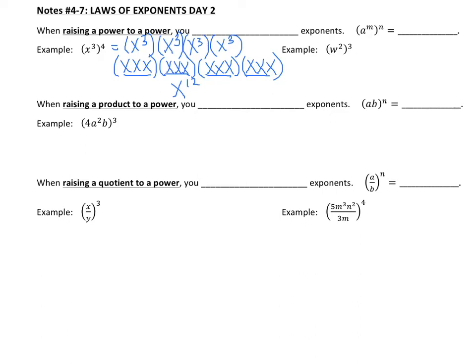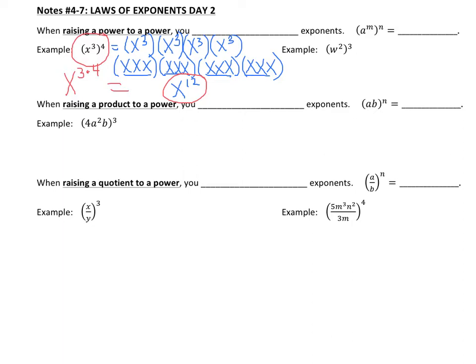So notice what happened when I started with this example and I ended up with this answer. It looks like what you do is you take that power, when you have a power to a power, and you multiply them. And that's going to get you the x to the 12th power.